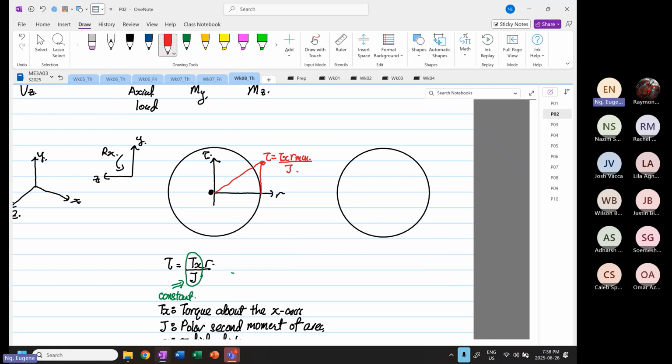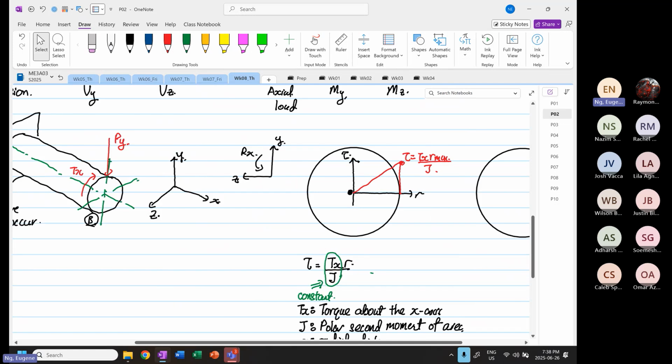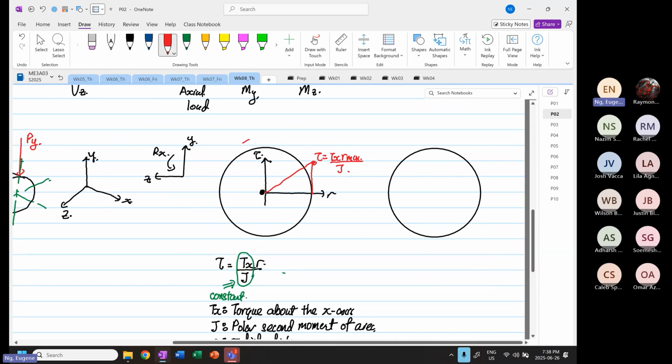So this is how the shear stress will distribute. And then we know by looking at the torque, if this is torque in the x direction, the shear stress will look like this.